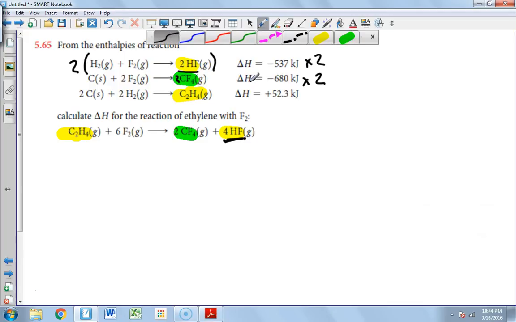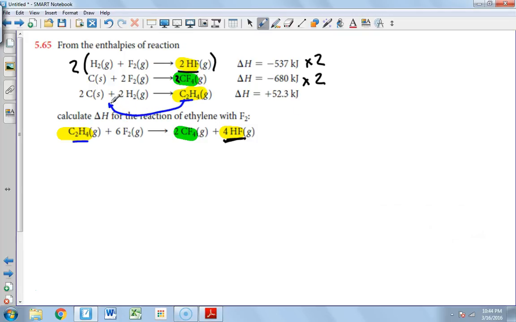So in order to get this to look like this, we have to flip the reactants with the products. We're going to turn the reaction around, and now we have C2H4 on the reactant side, because we flipped this over.